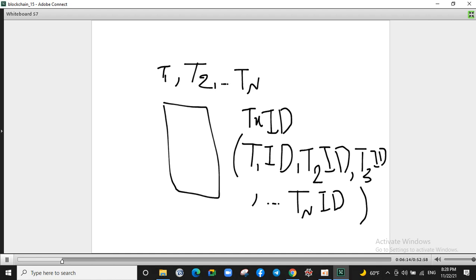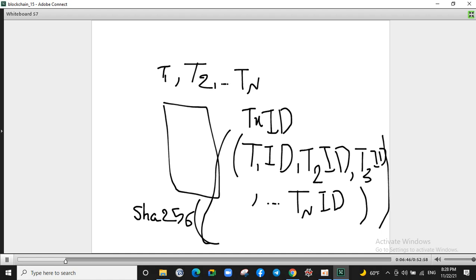So the address of a block equals the hashing, using a hash function like SHA-256, of all this information, the transaction IDs inside the block.